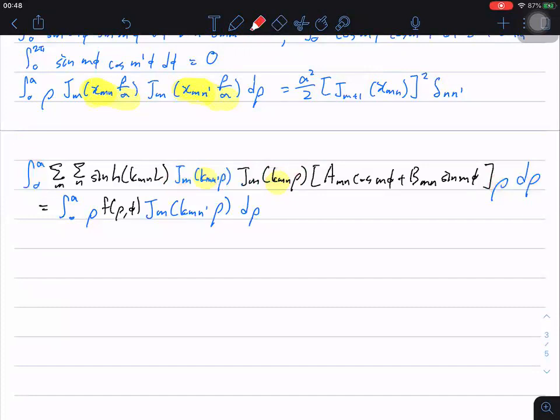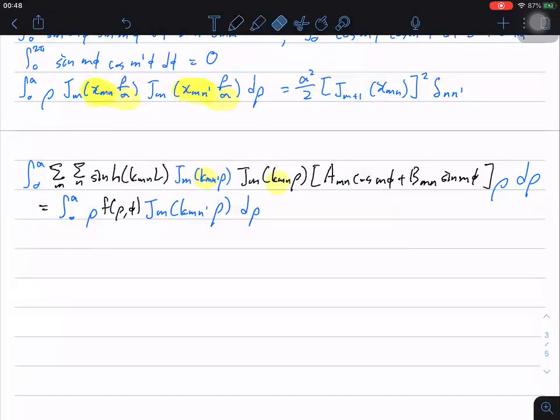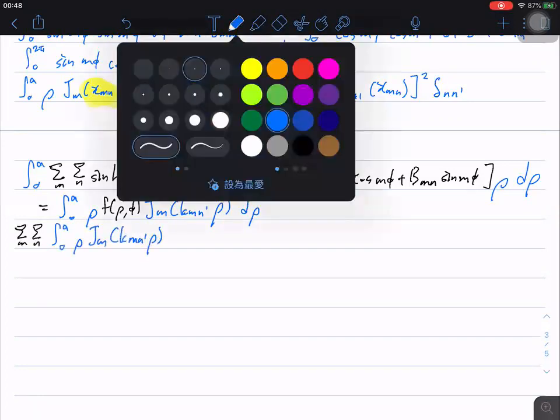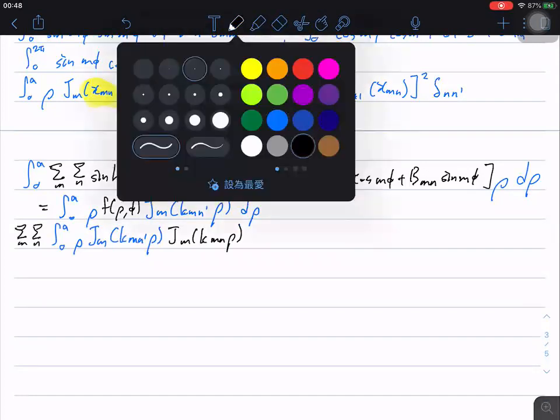Maybe I'll write it in a separate line. Basically, you can single out the summation first, and move all the functions that depend on rho inside the integral and put everything else outside.